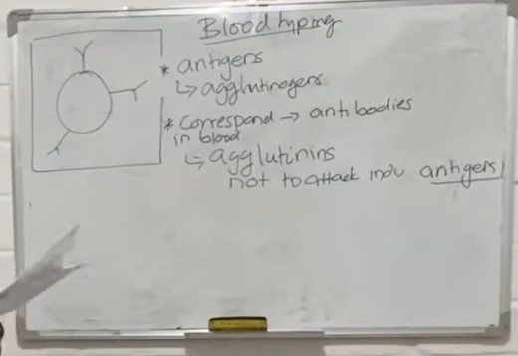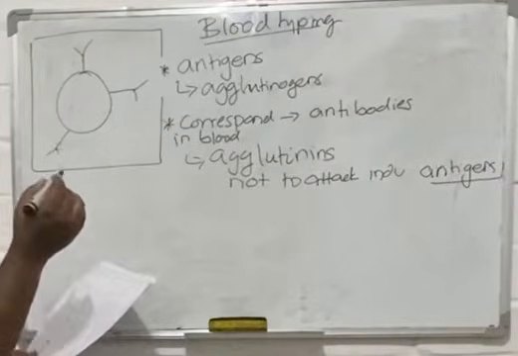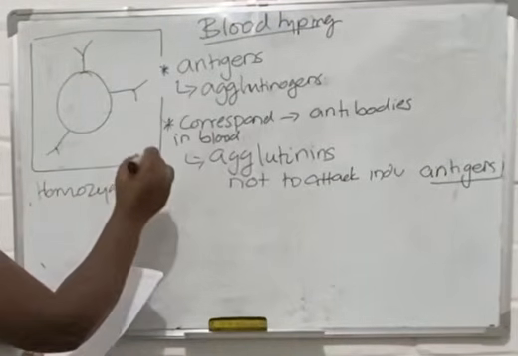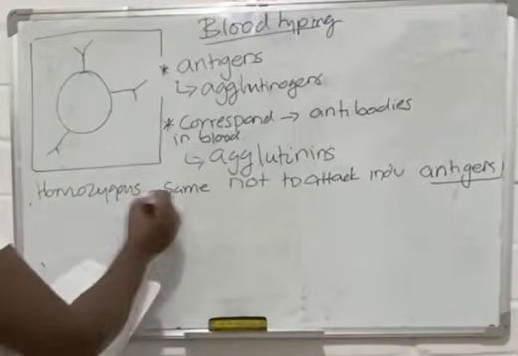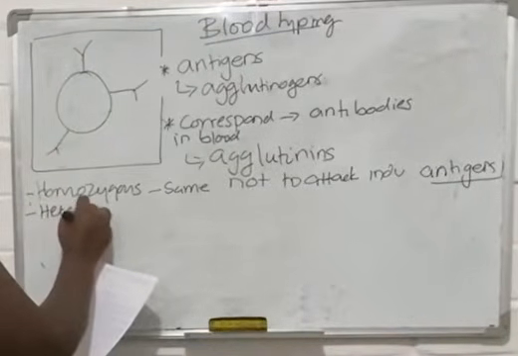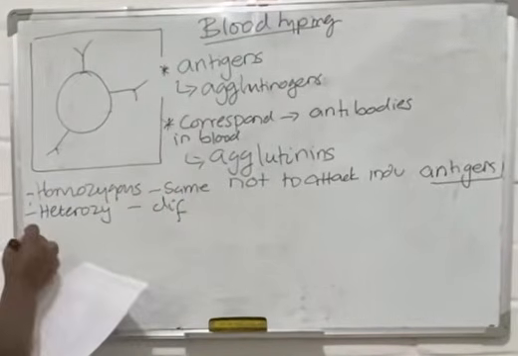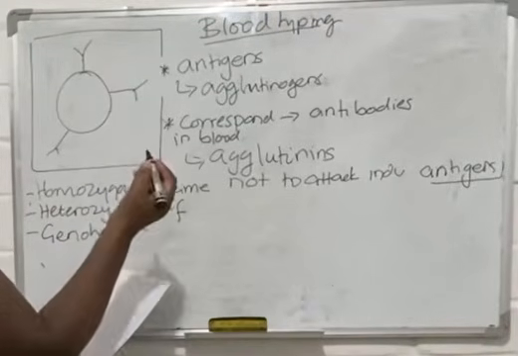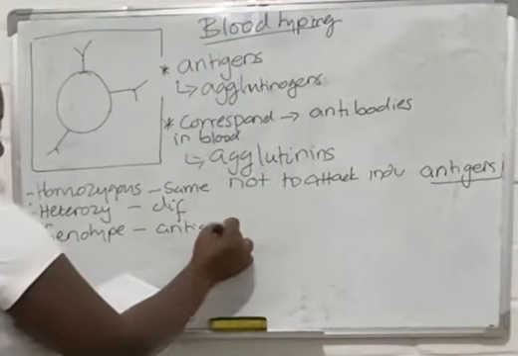Let's look at a few things that maybe we know but might have forgotten. Homozygous. This is the pair of same antigens. And then we have heterozygous. These are different, okay? And then the genotype in this case is the antigens involved, okay?